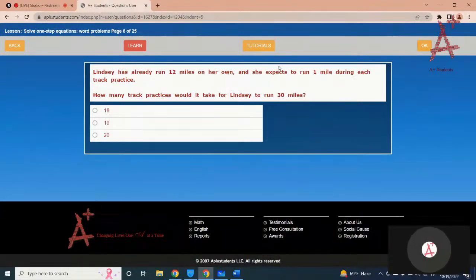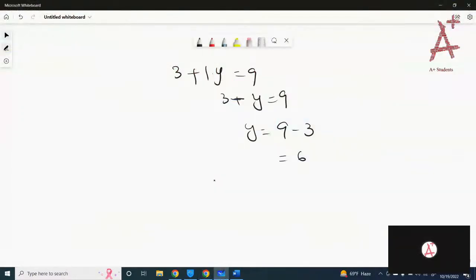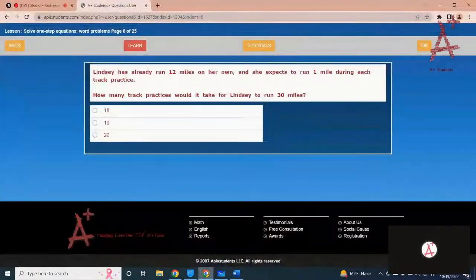Okay, Lindsay has already run 12 miles on her own, and she expects to run 1 mile during each track practice. How many track practices would it take for Lindsay to run 30 miles? So the equation is 12 plus 1 dot y, and that equals how many miles? 30 miles.